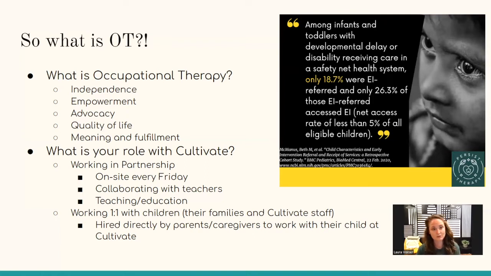So when it comes down to it, to me, occupational therapy is all about independence, empowerment, teaching children to advocate for their specific needs, and ensuring that we are creating meaning and fulfillment and quality of life in a child's life. So when we think about all of these areas in independence and function, everything is very connected. It's very intertwined. And so I just want to give an example to really bring that point home.